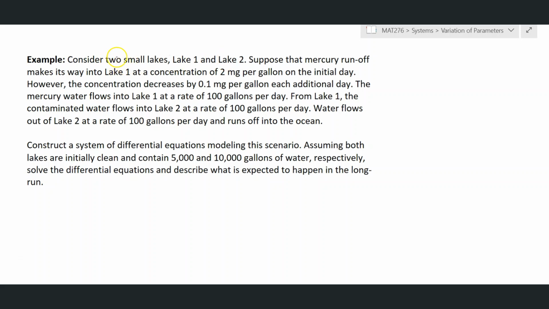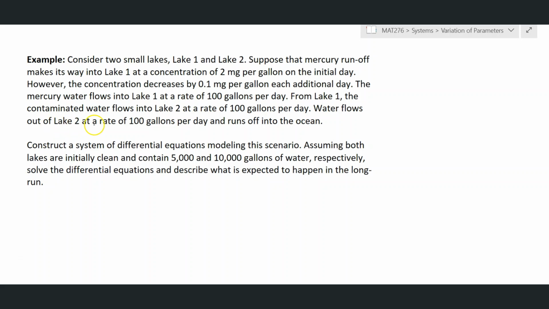Consider two small lakes, Lake 1 and Lake 2. Suppose that mercury runoff makes its way into Lake 1 at a concentration of 2 milligrams per gallon on the initial day. However, the concentration decreases by 0.1 milligrams per gallon each additional day. So notice that our concentration is changing. The mercury water flows into Lake 1 at a rate of 100 gallons per day.